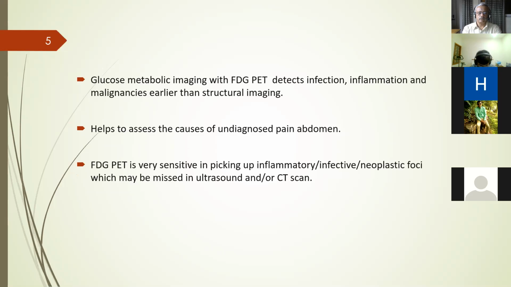Glucose metabolic imaging with FDG PET detects infection, inflammation, and malignancies earlier than structural imaging. It helps to assess undiagnosed pain abdomen. PET-CT is very sensitive in picking up inflammatory, infective, and neoplastic foci which are missed on ultrasound and CT scan.